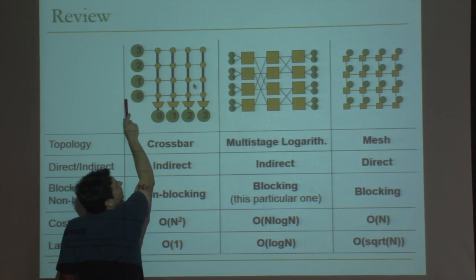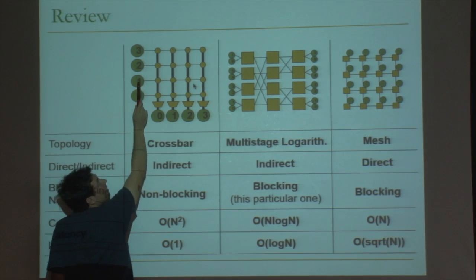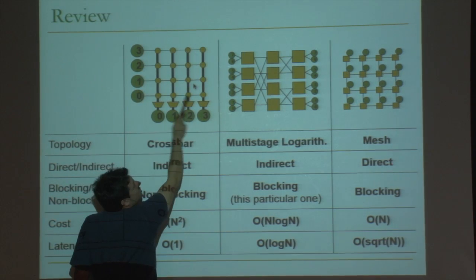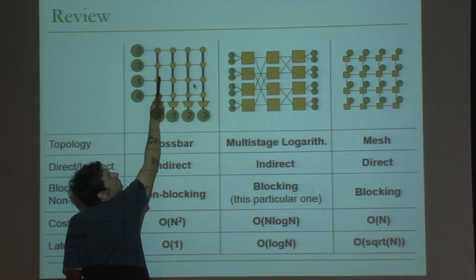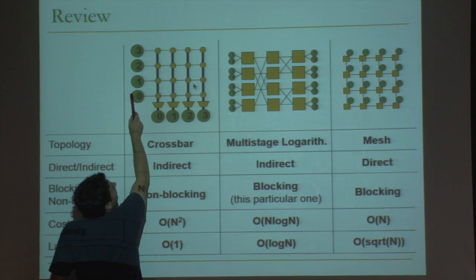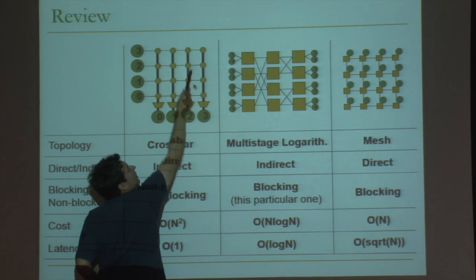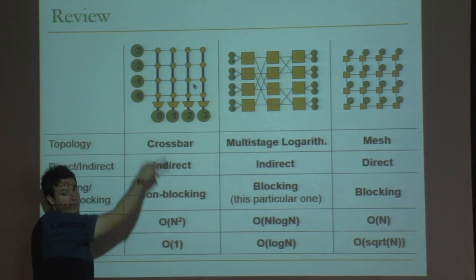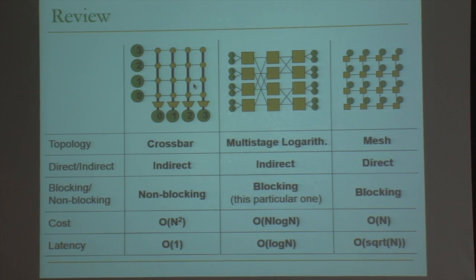As long as there's no data flowing on the same row and same column, you have a guarantee that only 0 is using this row, and only 0 output is listening on this column. So as long as you don't have any conflicts like that, for instance, as long as not both 0 and 2 are trying to talk to 2, which means they would conflict in this column, then the traffic can go through. And that's why it's non-blocking. Does that make sense? Yep.